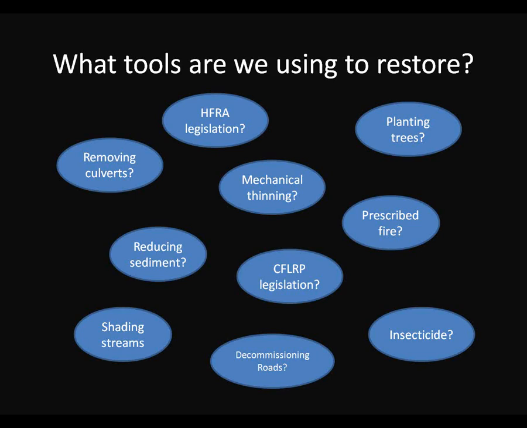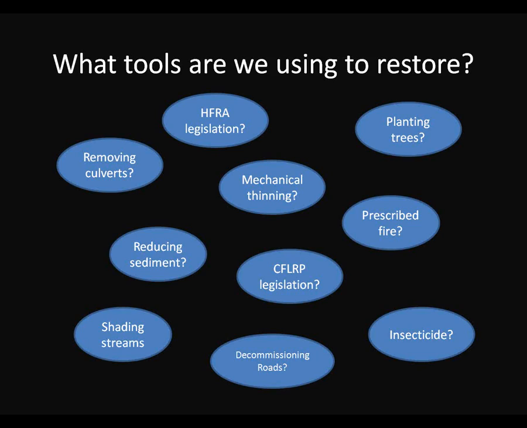And so by considering the combination of what we're trying to restore and then the tool that we're going to prioritize in order to address that restoration objective, we can start to narrow down a little bit more specifically where these acres are that we can apply a certain tool to meet a very specific restoration objective.